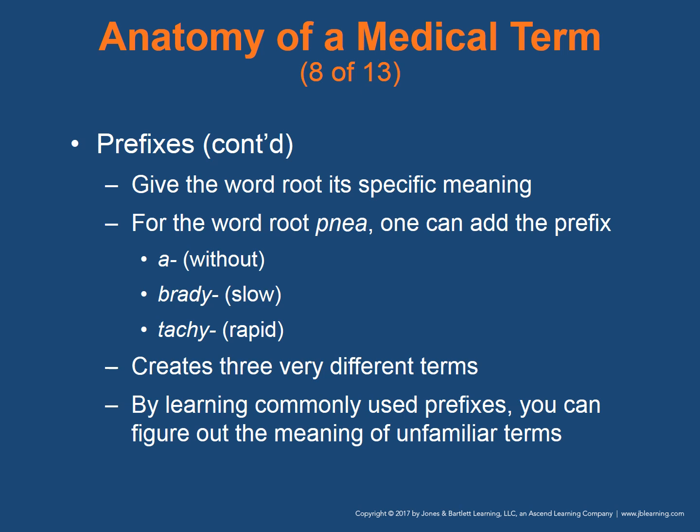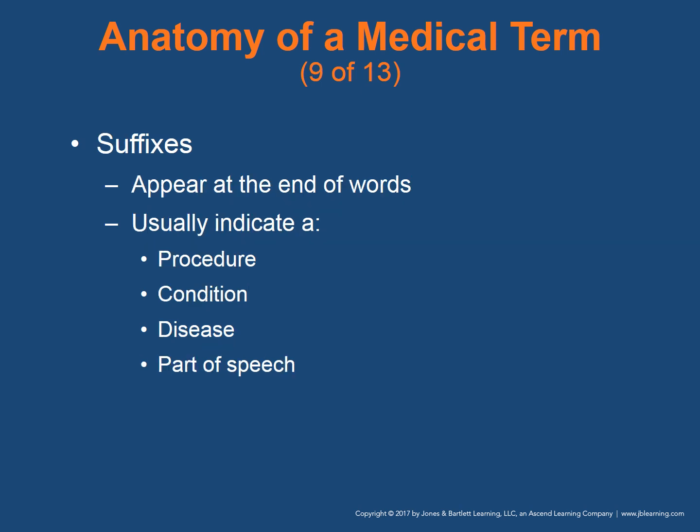So when you guys are following along in your book here, or when you go back into your reference text, look at these common prefixes, these common roots and common suffixes. They'll go a long way if you just know even those specific ones. Suffixes appear at the end of words, usually indicate a procedure, condition, disease, or a part of speech, right?